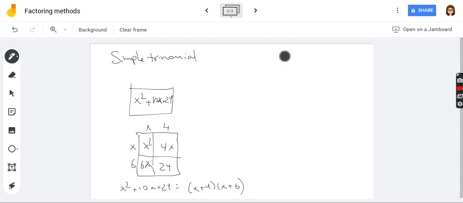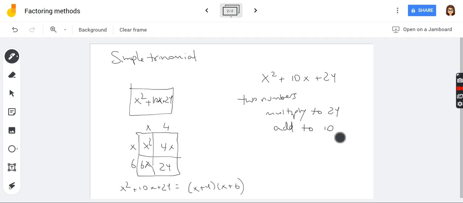Now, last year, if you didn't use area models, then you probably did this. You said, in order to factor this expression, I'm going to have to find two numbers that multiply to 24 and add to 10.